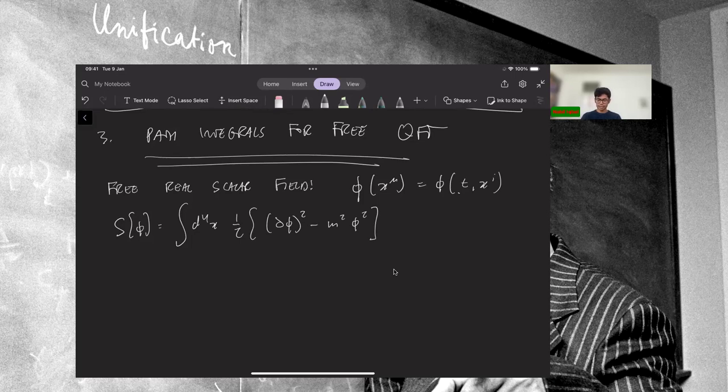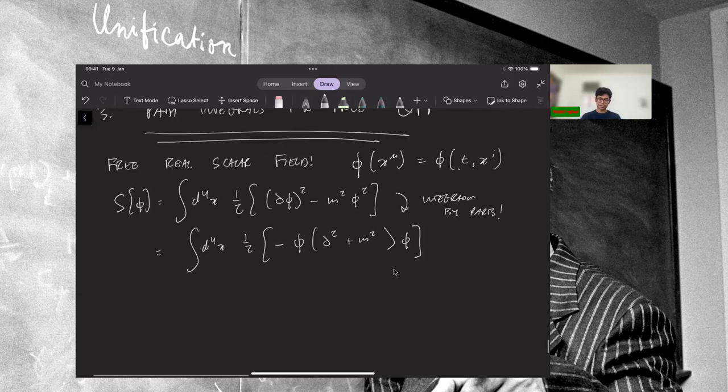If we integrate by parts on this action, we can write it as the integral d4x of one half minus phi, d squared plus m squared, phi. This is an integration by parts. This is the free real scalar field.